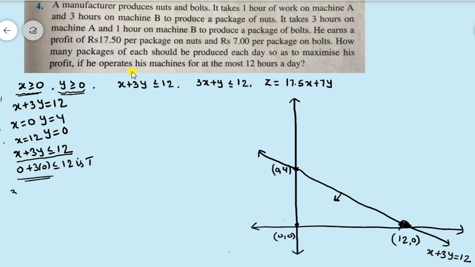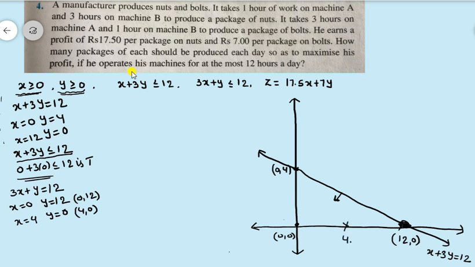The next part is to draw the line 3x plus y equals 12. When x is equal to 0, you get y equals 12. When y is equal to 0, you get x equals 4. So one point is 0, 12 and the other point is 4, 0. Represent those points on the graph.